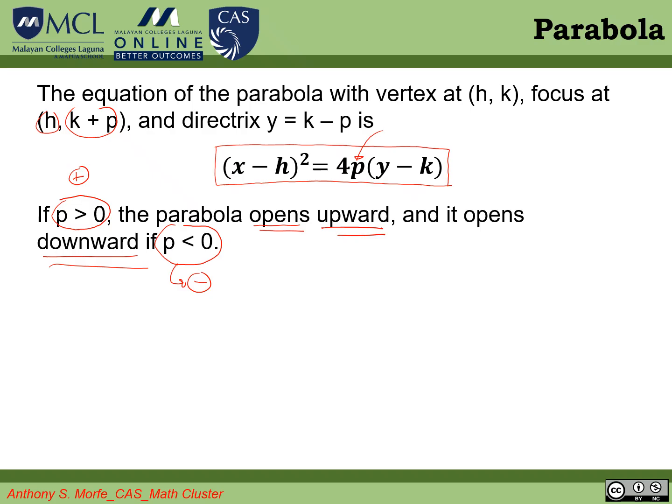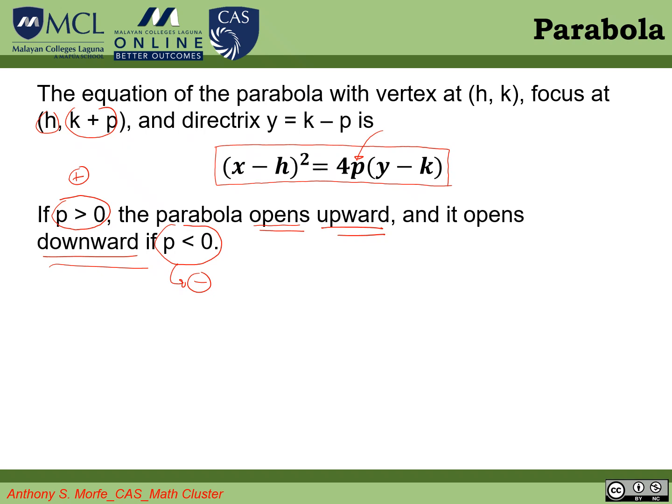Okay, so this is a very important thing to remember, class. To easily remember this, look at the term that is being squared. If you expand this one, we will get the general form. In the general form, the term that will be squared is x. Meaning the degree of x is 2 and the degree of y is 1.